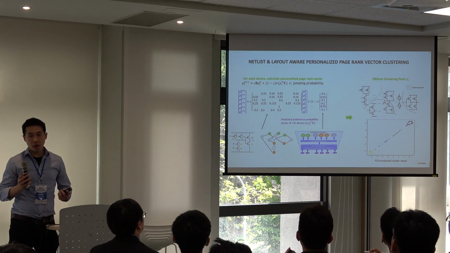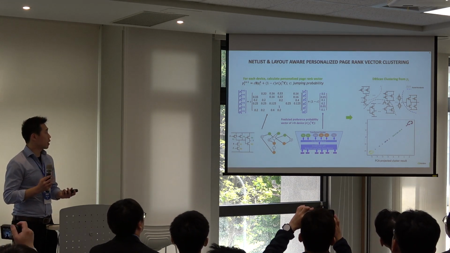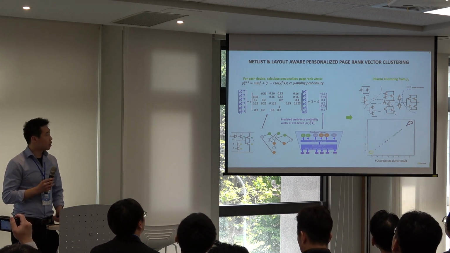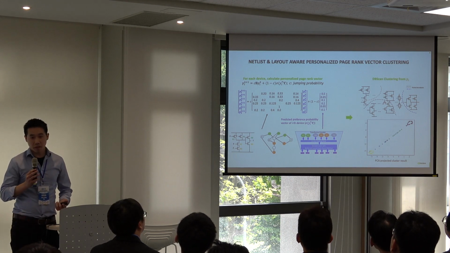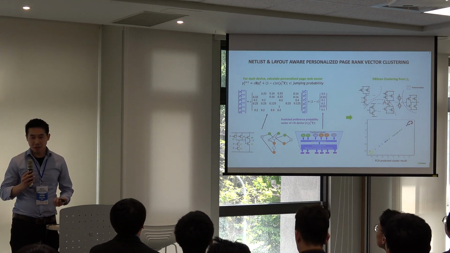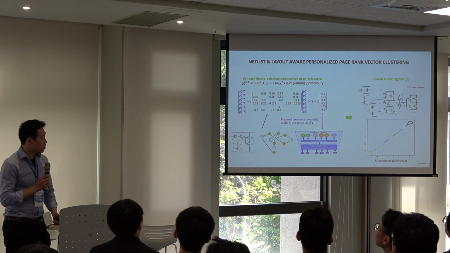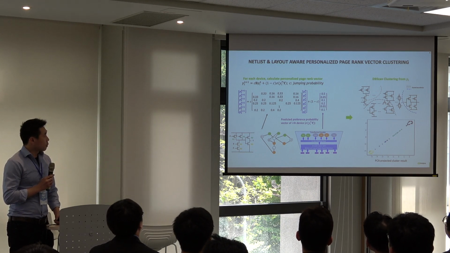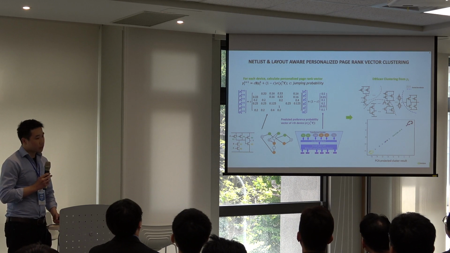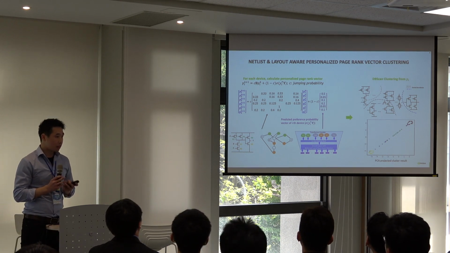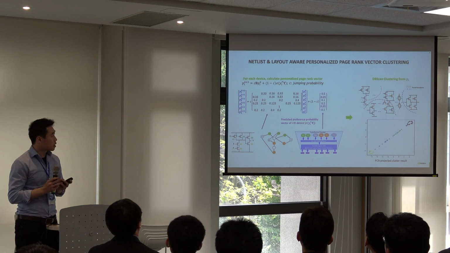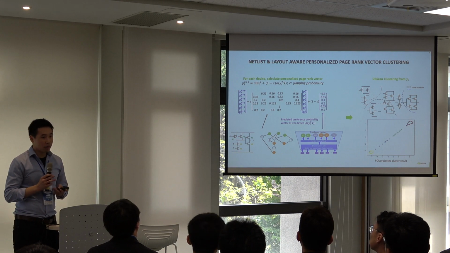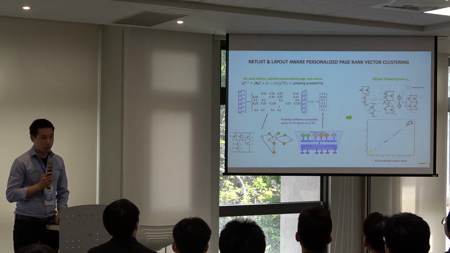Then let me introduce the second part, the netlist and layout aware personalized PageRank vector clustering. I know many of you are probably very familiar with PageRank, one of Google's great inventions. Here, we calculate the personalized PageRank vector of each device based on the netlist logic graph and the preference vector predicted by the transformer encoder.